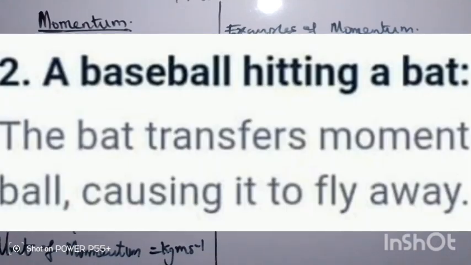Number two, a baseball hitting a bat. When a baseball hits a bat, the bat transfers momentum to the ball, causing it to fly away.